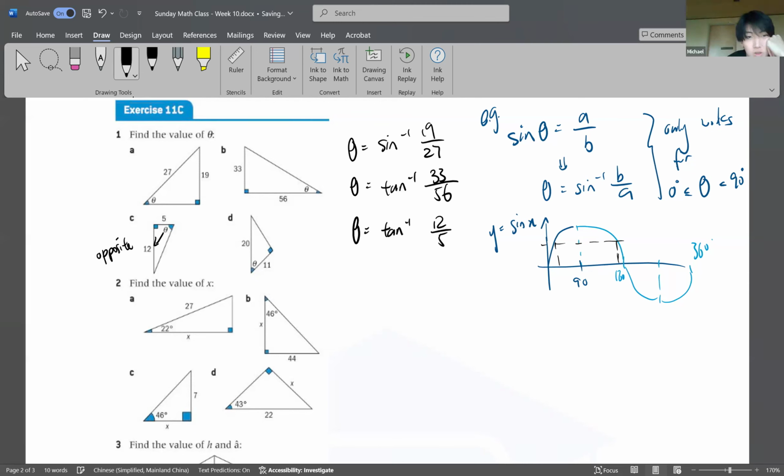Just tell me which one is 20. Is 20 the hypotenuse, adjacent, or whatever? It's the hypotenuse. Okay, what is 11? Adjacent. Okay, this is opposite, sure. Just do this and you'll know, okay? So it's cos inverse 11/20. Nice, okay.